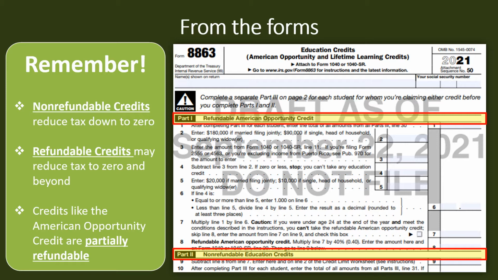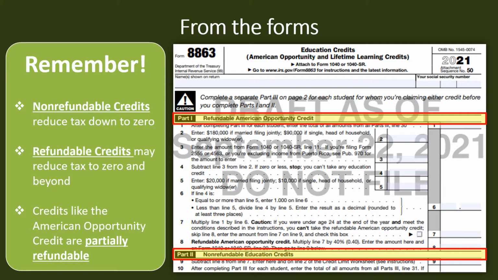And if you remember, non-refundable credits reduce tax down to 0, but no further, and refundable credits can reduce the tax to 0 and beyond. And then credits like the American Opportunity Credit are kind of hybrid, so they are partially refundable and partially non-refundable.